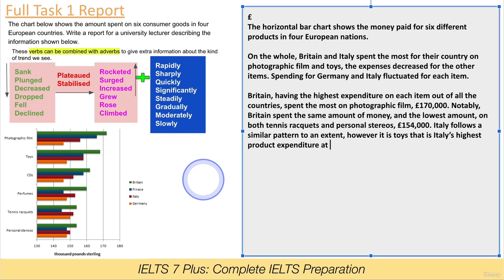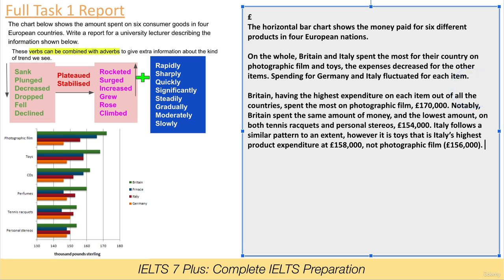Product expenditure at, so Italy is red and we have toys, that looks like about 158,000. Put my pound in there. At £158,000, not photographic film. And then we could put Italy's amount for photographic film, which looks like 156 maybe. There we go, 1,000.